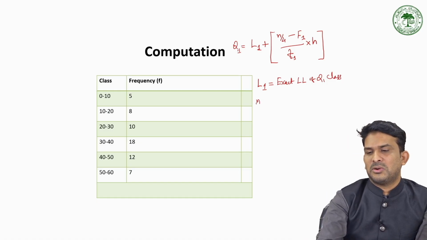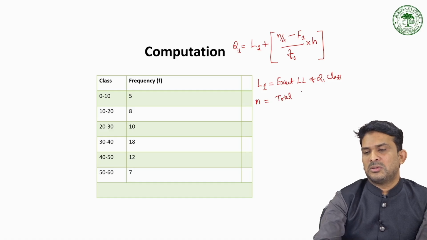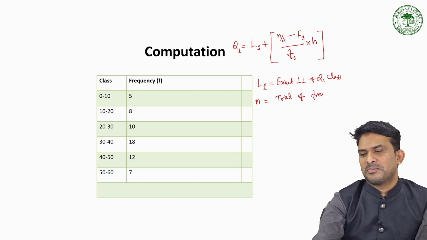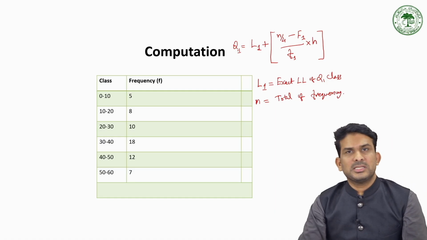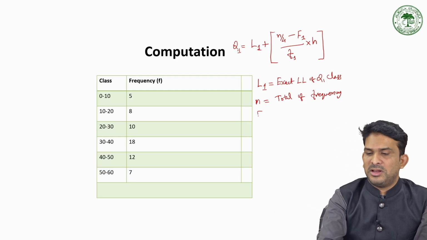N is the total of frequency, right? We have to calculate n by 4. What is F1?